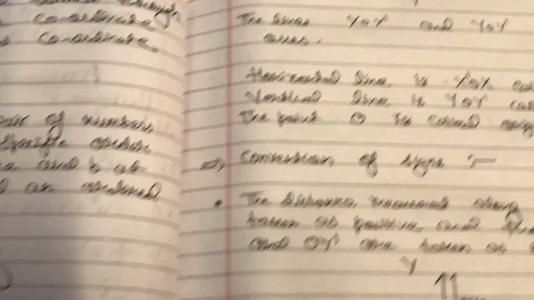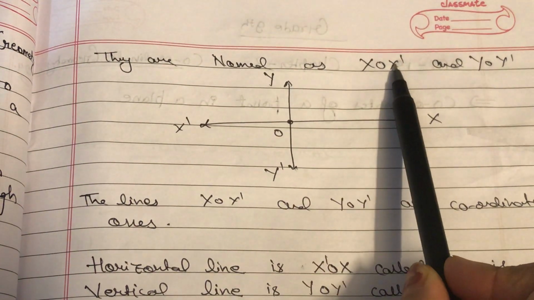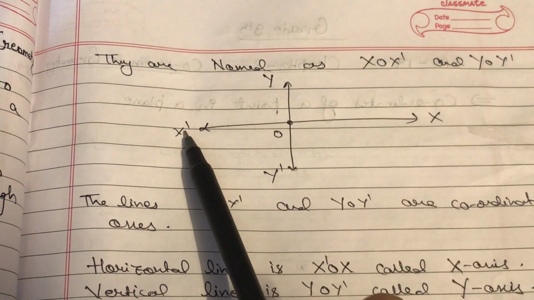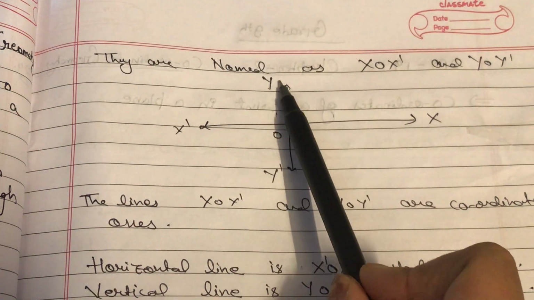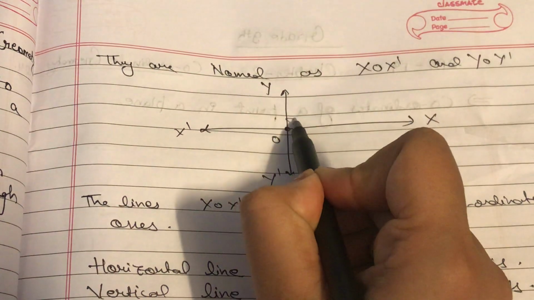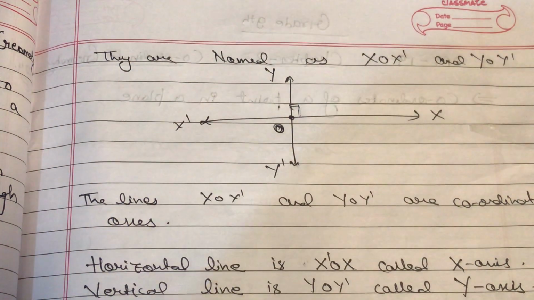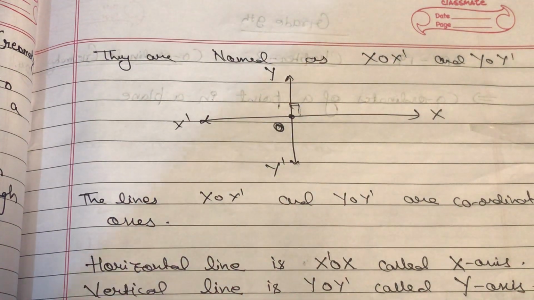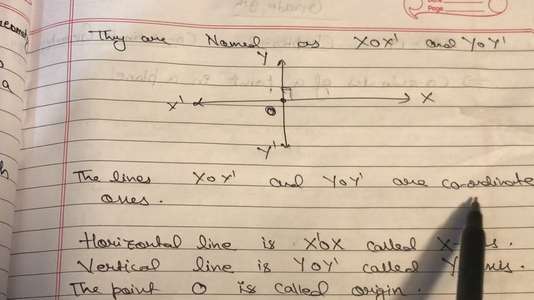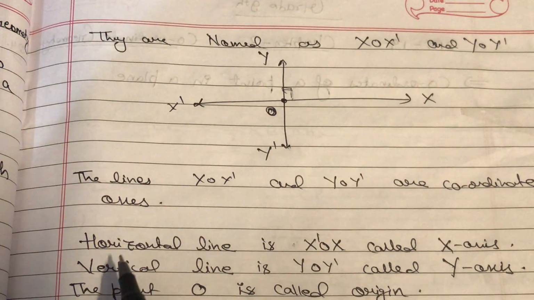So we can say that the two coordinate axes are named X'OX and Y'OY. This is my x-axis, X'OX, and this is my y-axis, which is Y'OY. Both are perpendicular. This is my origin, which is represented by the letter O. So both X'OX and Y'OY are the coordinate axes of a Cartesian plane.